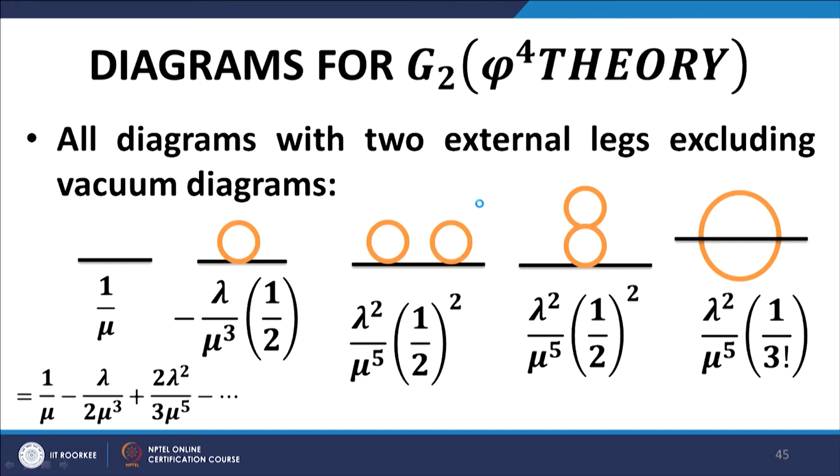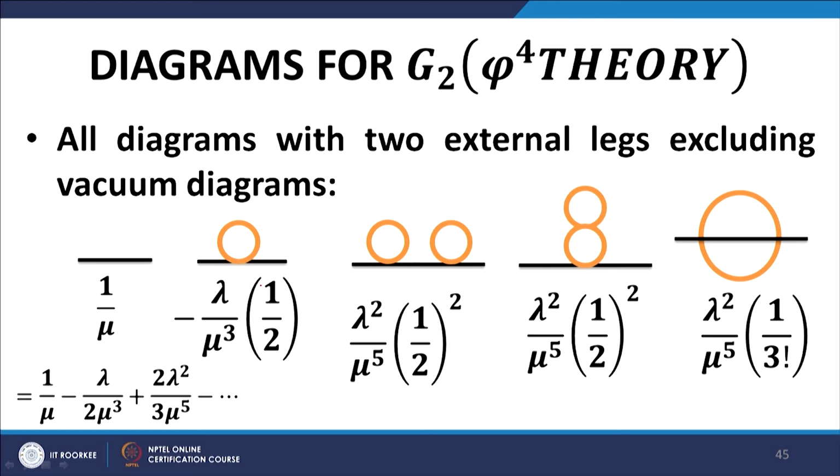Now, diagrams for G2, for example. G2 will consist of the straight line, first the free field propagator, that is 1 upon mu. Then it will consist of the one vertex diagrams, one 4 point vertex, and that is this one.